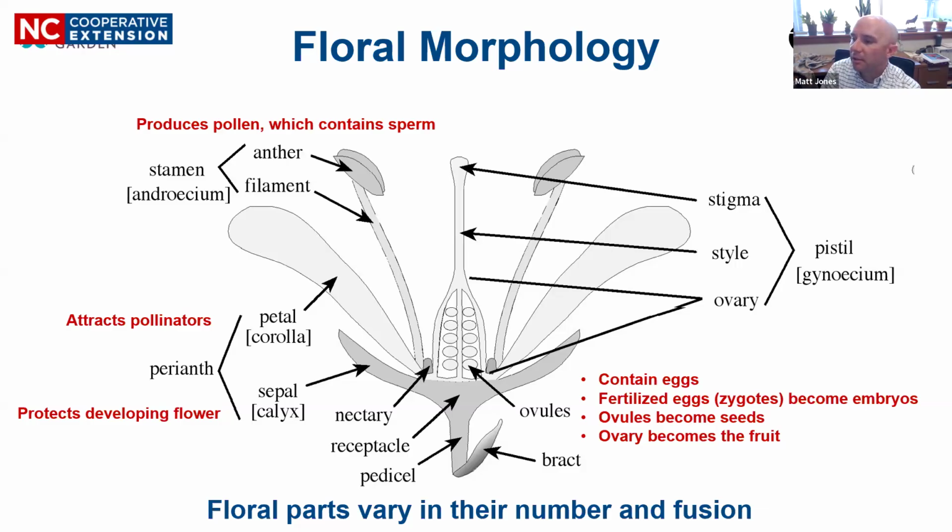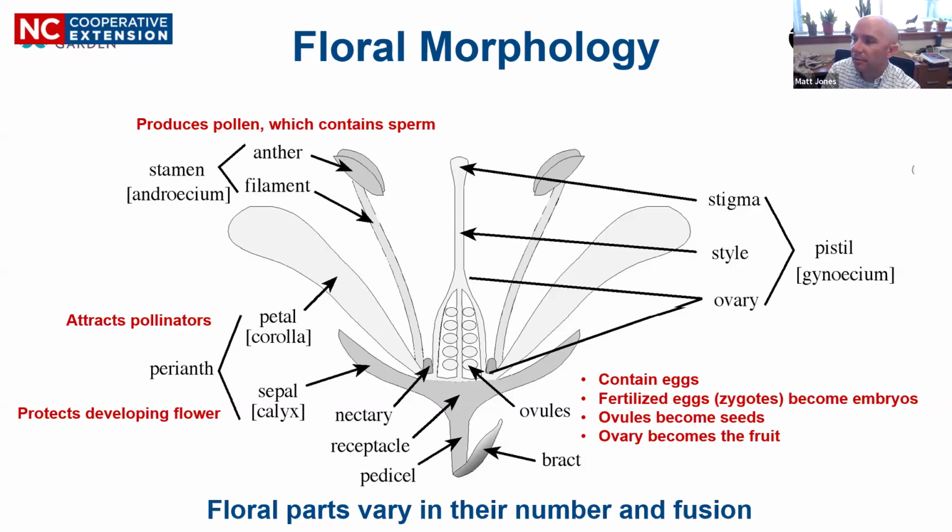The next whorl in is called the corolla. And the corolla is comprised of individual petals, and most often the function of the corolla is to be colorful, to be attractive, to have markings to attract pollinators. So usually it is the petals that are most prominent for attracting pollinators. But again, all parts of the flower can be modified to aid in that process.